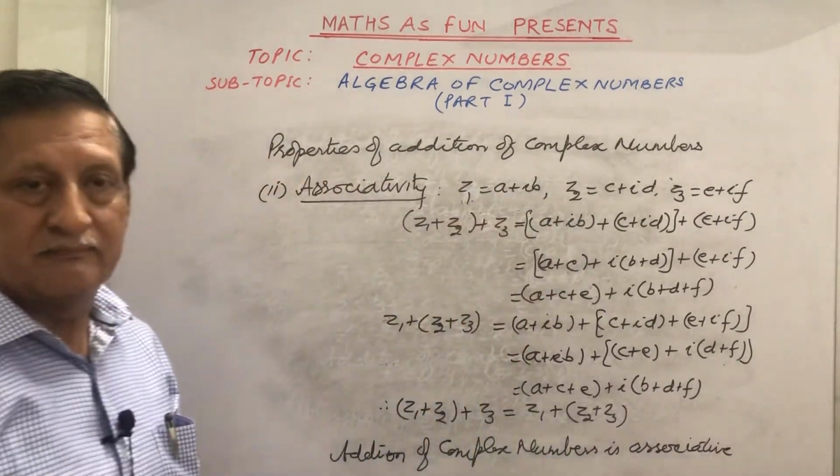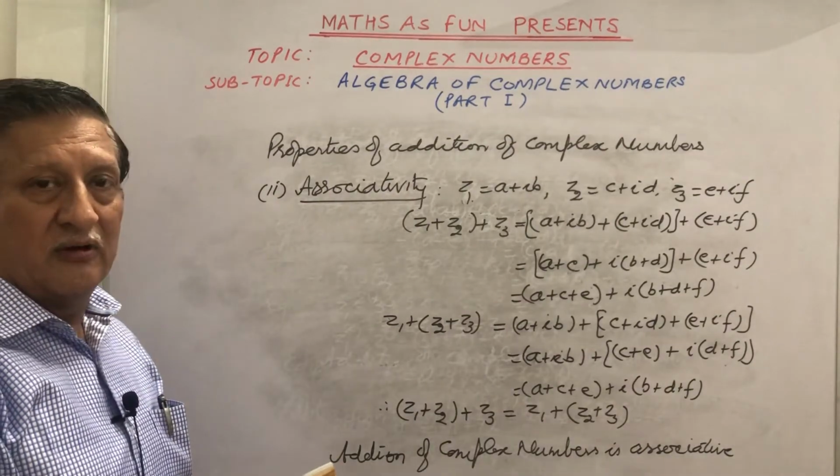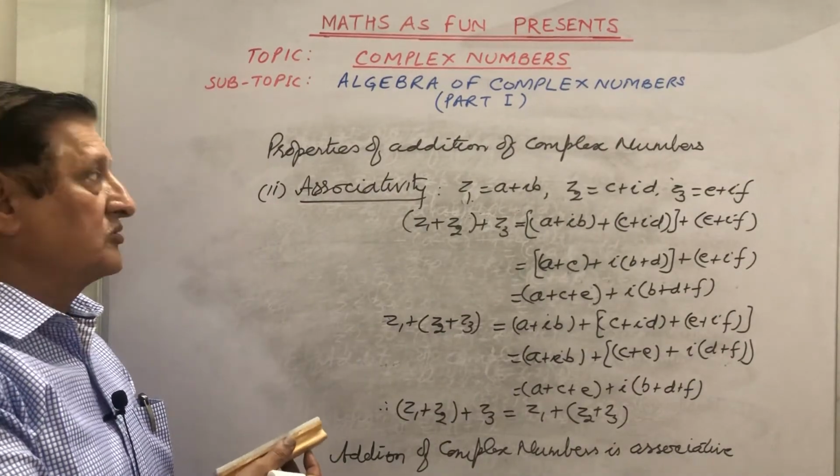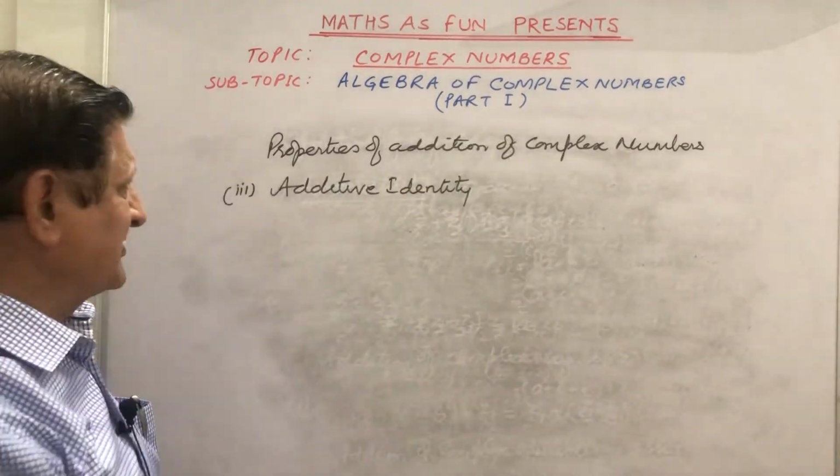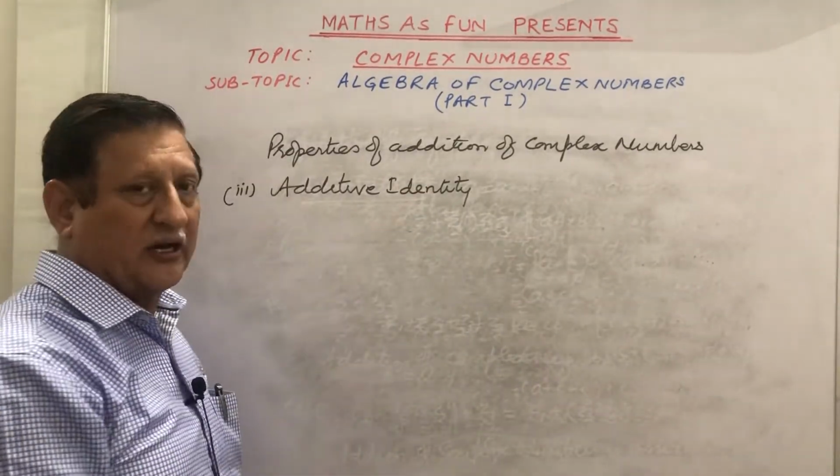Now let's see whether we have an identity element also in this addition or not. Let's learn now about additive identity.